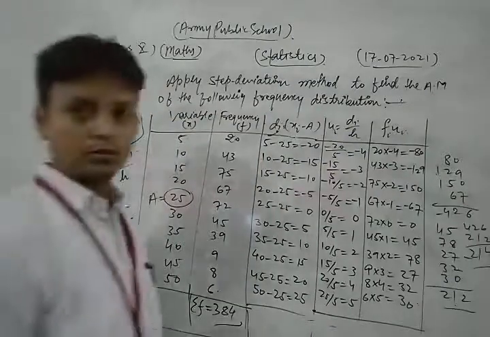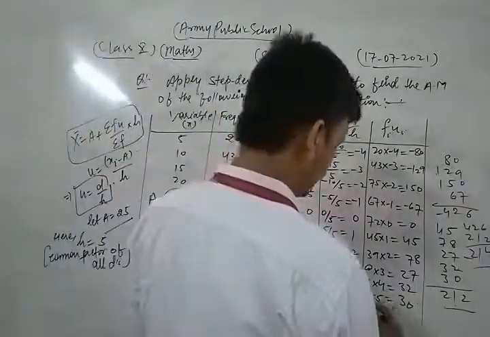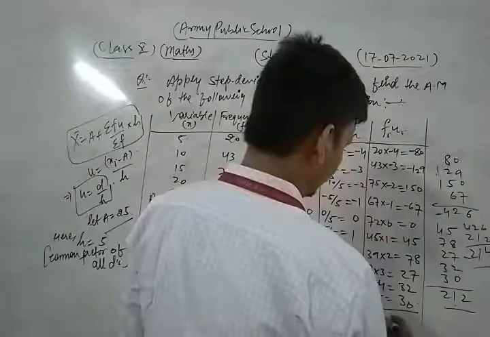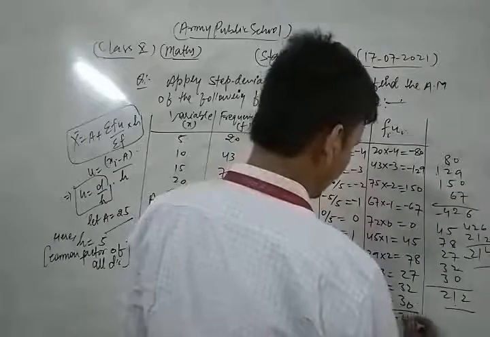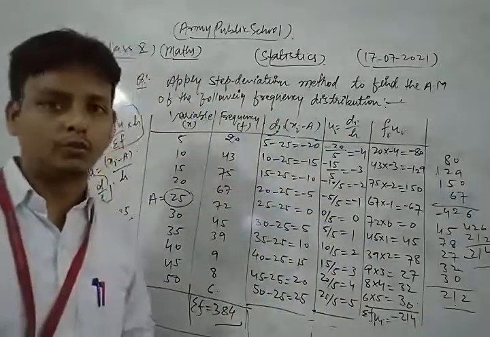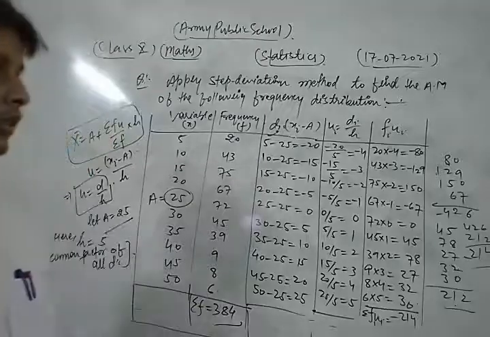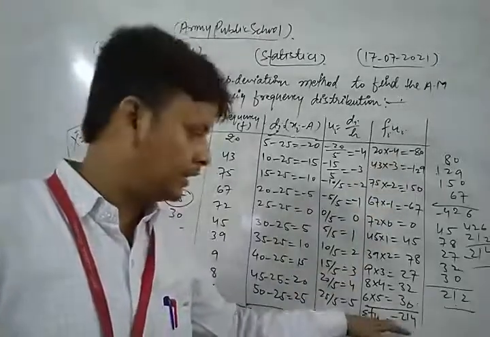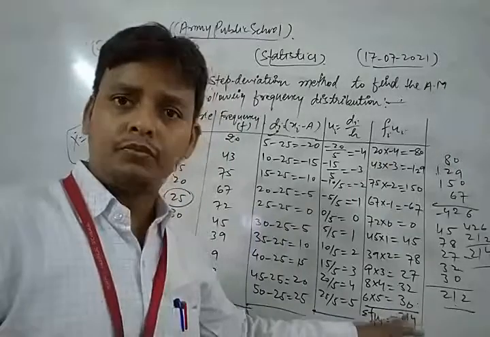So we get sigma fi into ui equal to minus 214. After simplifying these terms, dear students, we get minus 214.